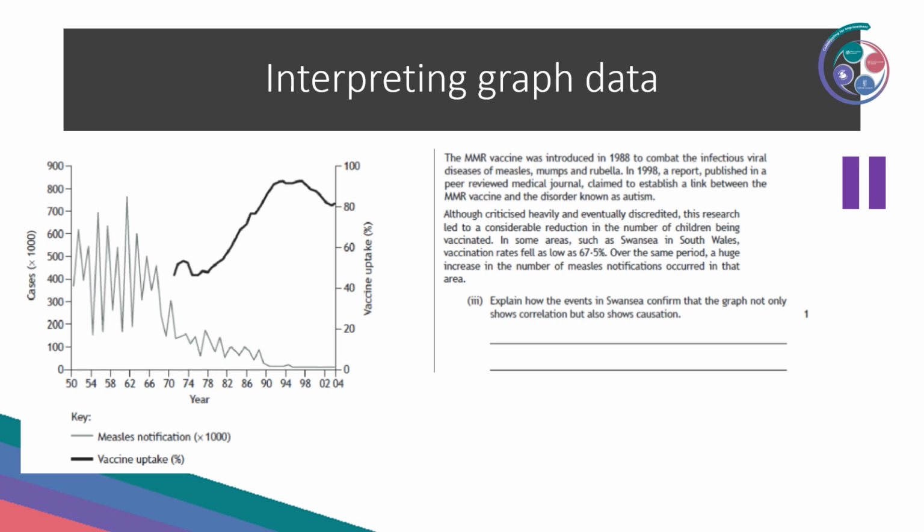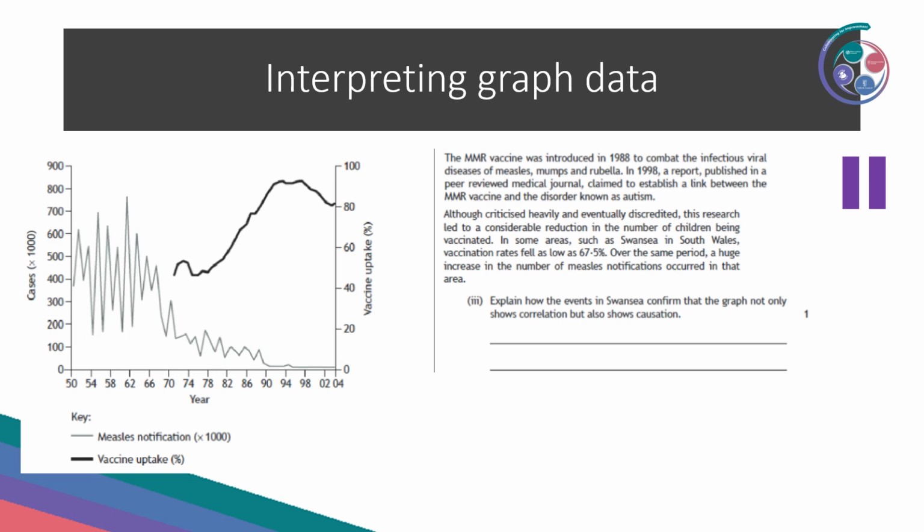So looking at this MMR. MMR vaccine was introduced in 1988 to combat the infectious viral diseases of measles, mumps, and rubella. In 1998, a report published in a peer-reviewed medical journal claimed to establish a link between the MMR vaccine and the disorder known as autism. Although criticised heavily and eventually discredited, this research led to a considerable reduction in the number of children being vaccinated.